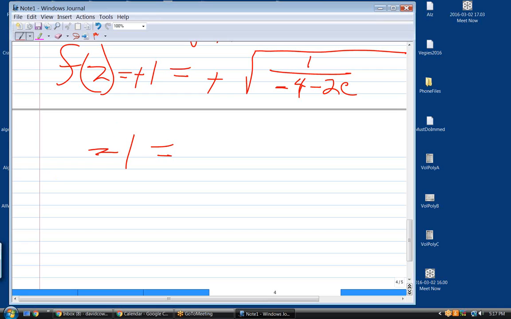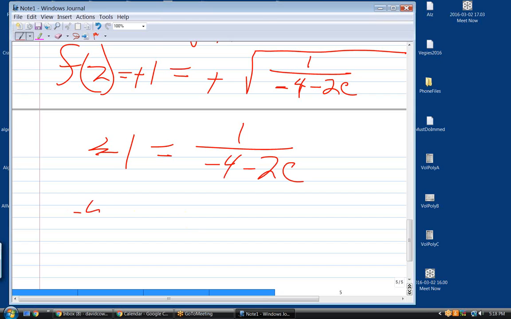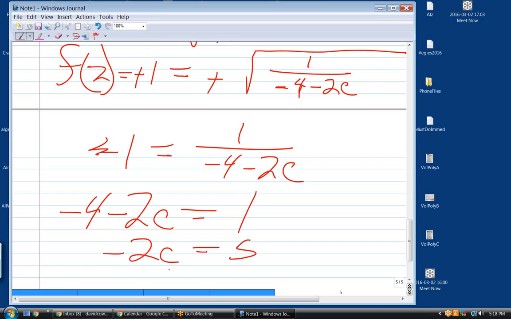So now I have 1 equals everything over there. If I square both sides, I get this. And now solving for c gives me minus 4 minus 2c equals 1. Minus 2c equals 5. C equals minus 5 halves.